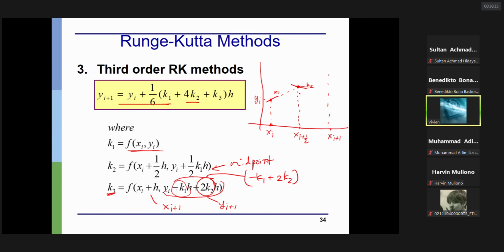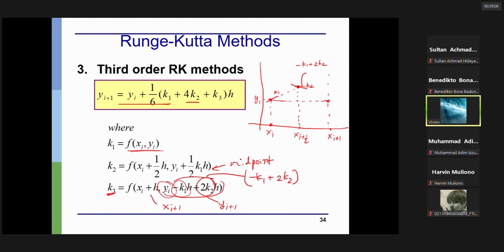So we use this point from the value of yi. It means that we predict from the value here. So we use the slope here, which is minus k1 plus 2k2. Then we use it from point yi to project it to xi plus 1.